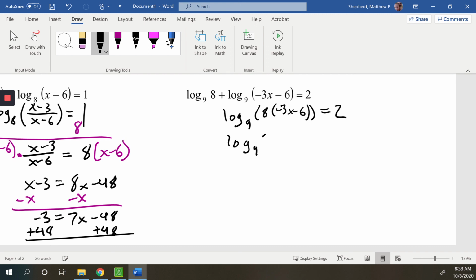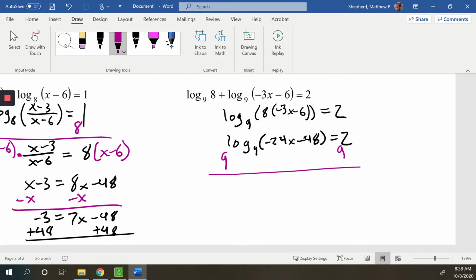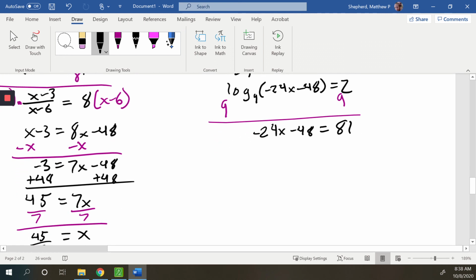Before we get rid of the log, let's just go ahead and simplify that. So negative 24x minus 48 is equal to 2. Now 9 to the power of log 9, 9 to the power of 2. So negative 24x minus 48 is equal to 81.